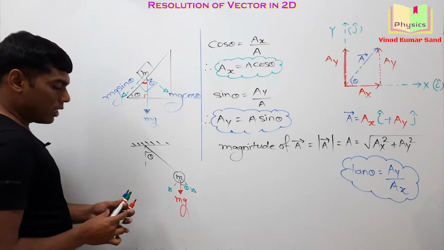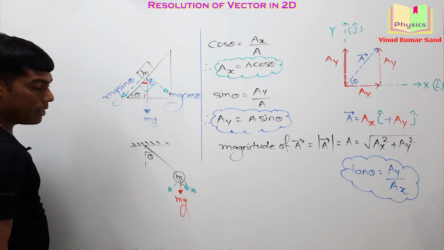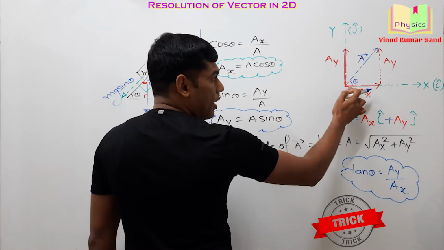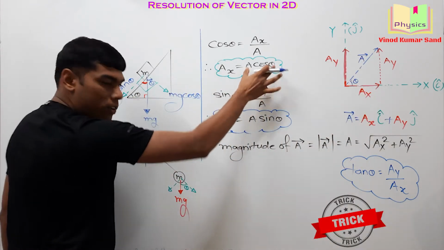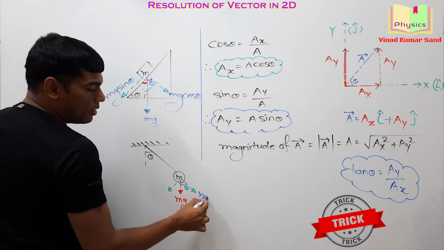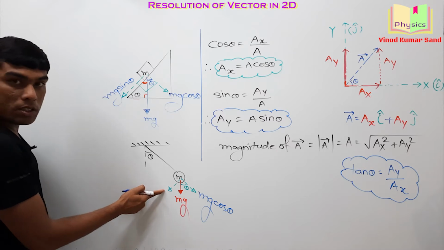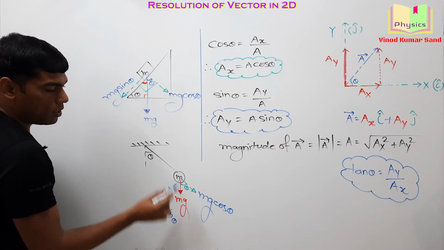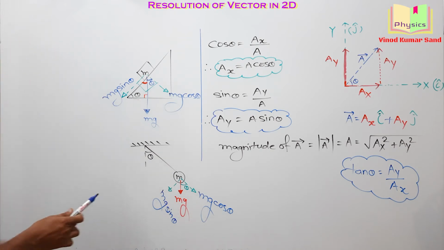Now what should I write here along this axis? Speak up or write in the comment box. The vector and the axis, if the angle is theta, then what is the net effect along that axis? You can write this as mg cos theta. And what should be this remaining component? It should be mg sin theta. Do you agree? Okay.